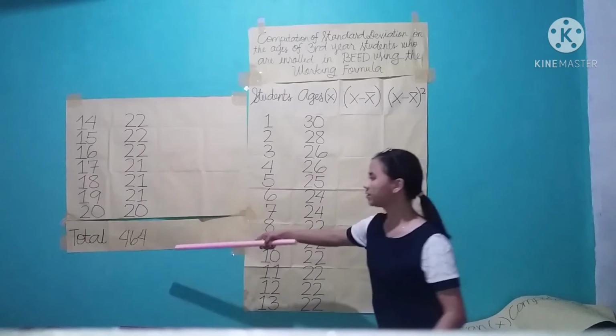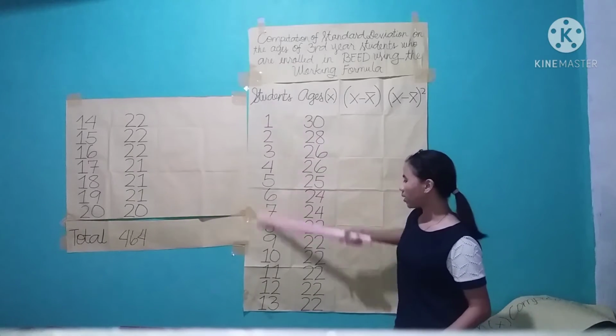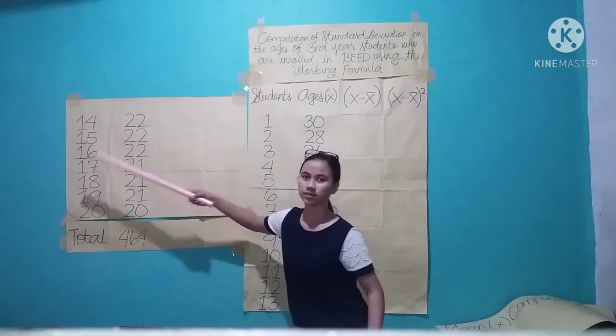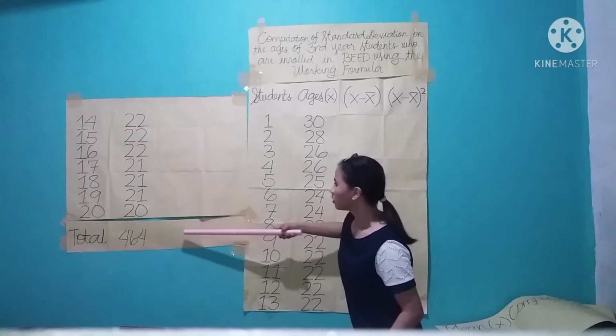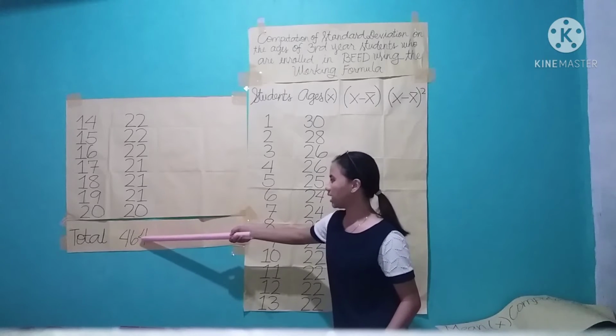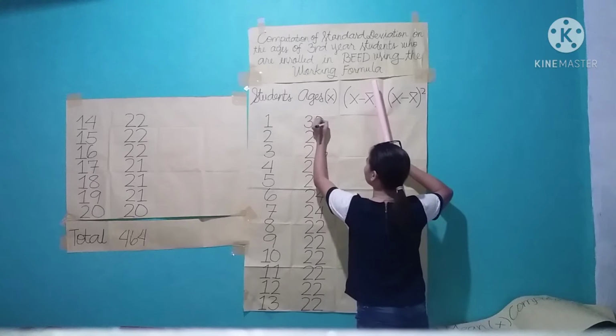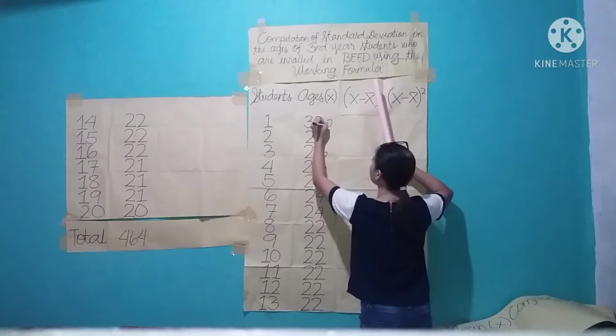Then 464 divided by the number of respondents, 20, equals 23.2.